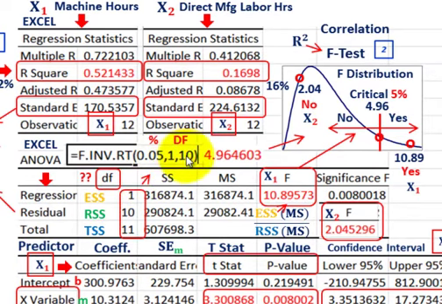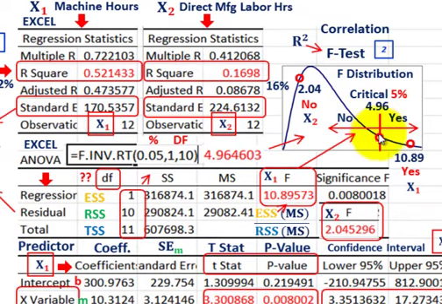Hit the enter button, and you're going to come up with a value using Excel: 4.96, to more decimal points. So that's going to be our critical value that we use on our F distribution table.